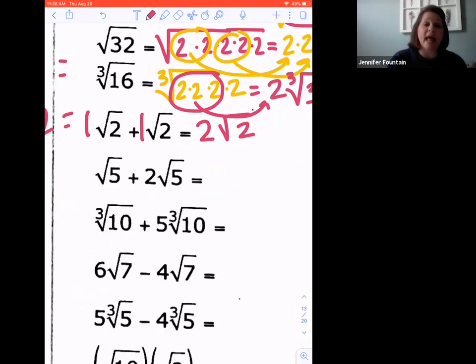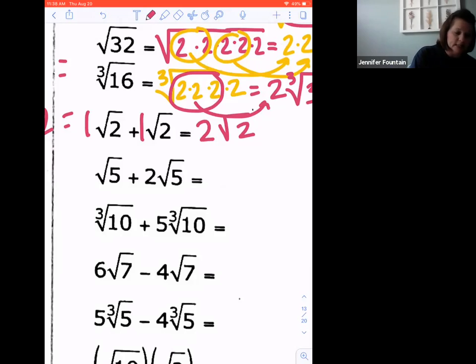Okay, because what happens is when I'm looking at the cubed root of 8, when it's 2 times 2 times 2, those 3 buddies have to be together to come out as one group.